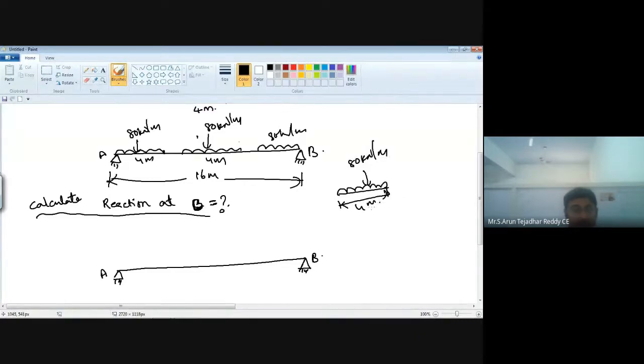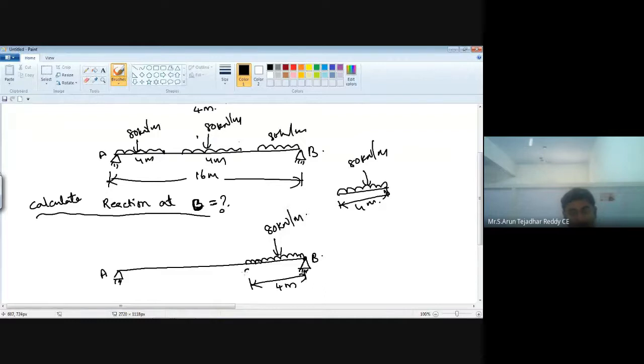Okay. And calculate reaction at B. It means in this point up to 4 meter. So this entirely 4 meter I placed here. That's it. I placed in this point.